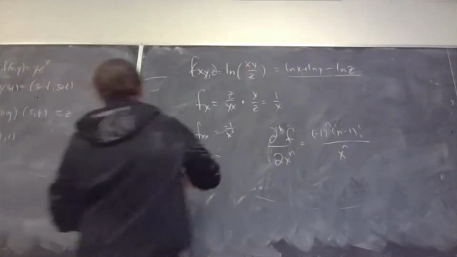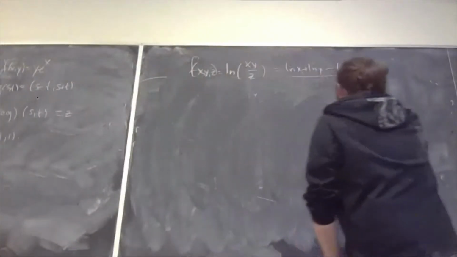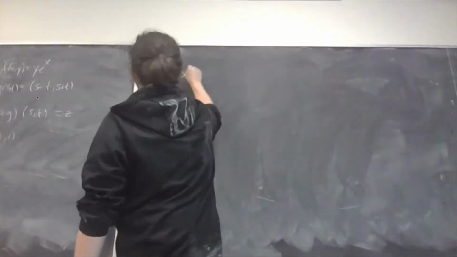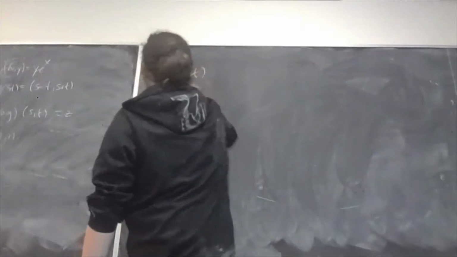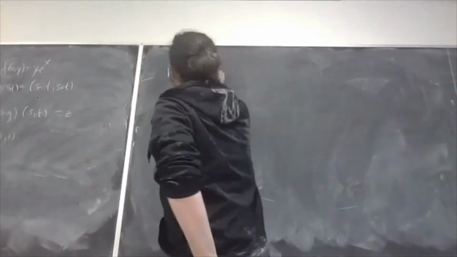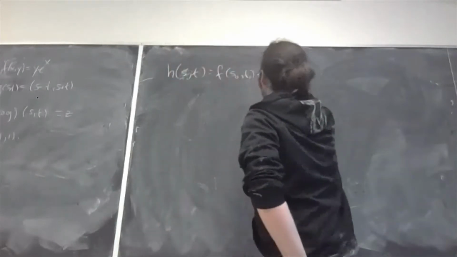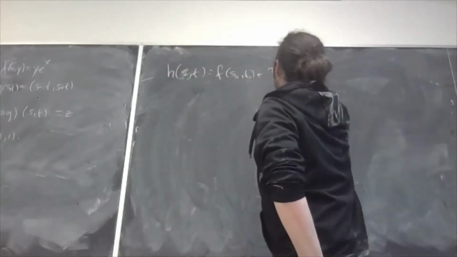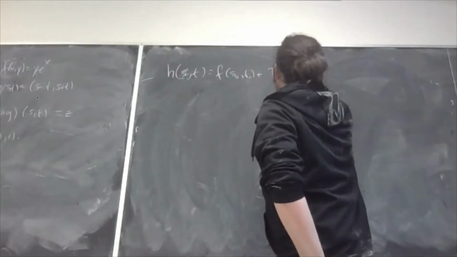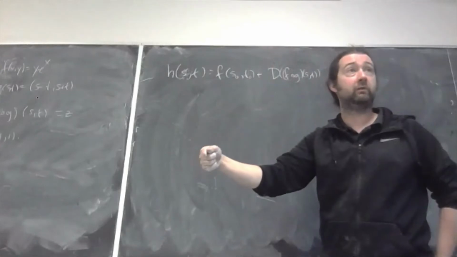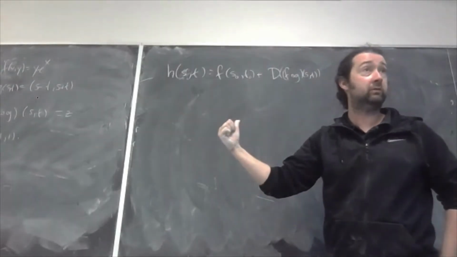So the formula for the derivative says that a tangent plane has the form h of s and t should be equal to f of s naught, t naught plus d of f composed with g of s and t, because we're either going to plug the s and t in and compute the derivative, or we're going to compute the chain rule, right?